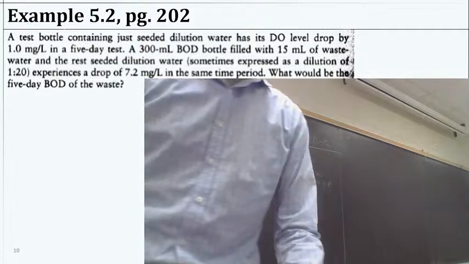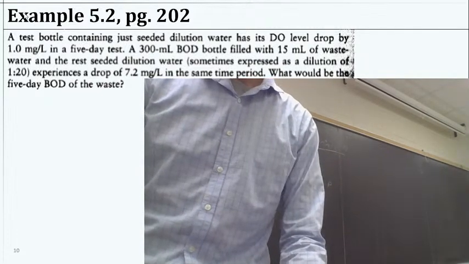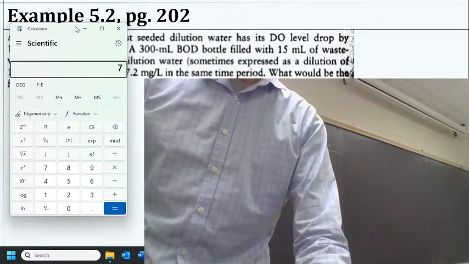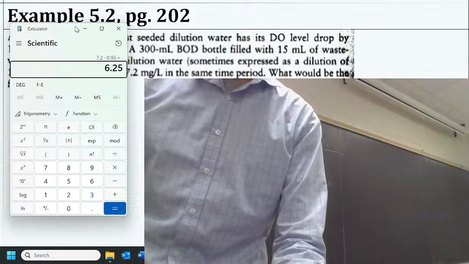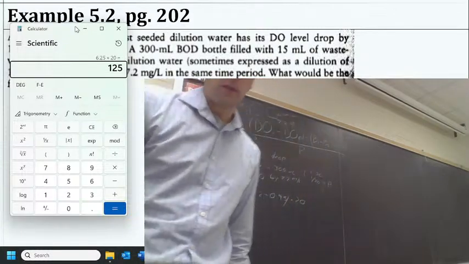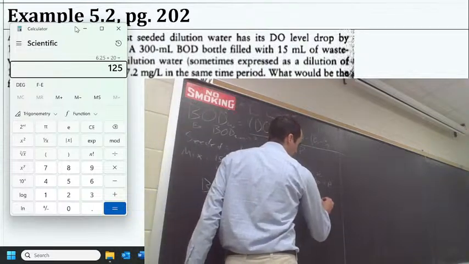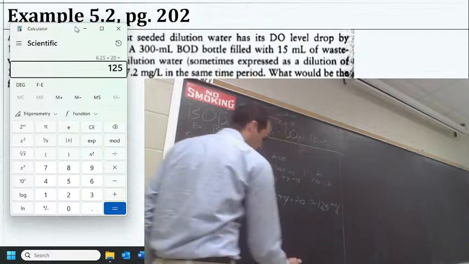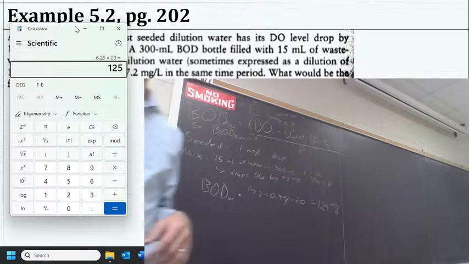Okay, so I'll just get a calculator real quick and we'll show that. So that'll give us 6.25 times 20 is 125. Okay, so there's kind of just a bit of practice there.